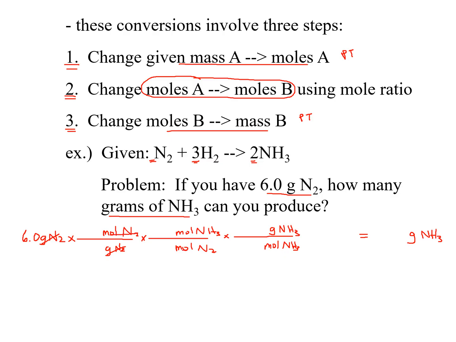Therefore, moles of N2 and moles of N2 are now canceled. Then we went to moles of NH3, and then we put moles of NH3 on the bottom. So moles of NH3 and moles of NH3 canceled. And finally, you had grams of NH3, and your final answer is in grams of NH3. Those have to match. They don't cancel, right? Because this is an equal sign here, but they have to match.